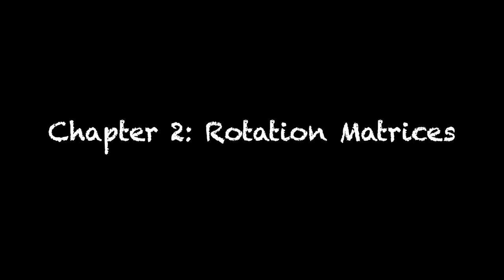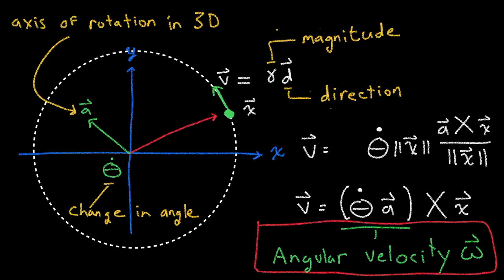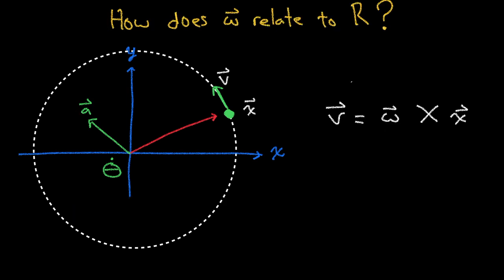And here we're going to focus on finding a relationship between this angular velocity vector and the rotation matrix we were interested in before. So here's our setup again. We have the derivation of the angular velocity, which is this funny vector which encodes both the axis of rotation and the time rate of change of the angle around that axis of rotation.